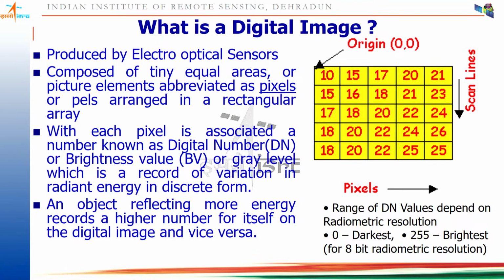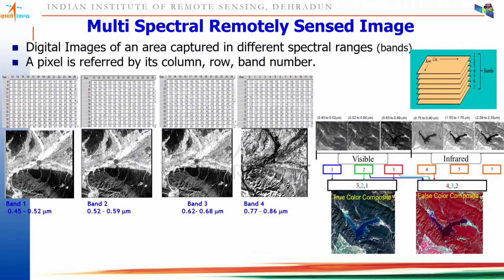You know that remote sensing data is multispectral in nature. That means data for the same area is captured in different spectral ranges, or based on the spectral resolution, a different number of bands. In the previous example, we saw the hypothetical image. The analogue of that image is here: the same number of rows and columns in different layers.